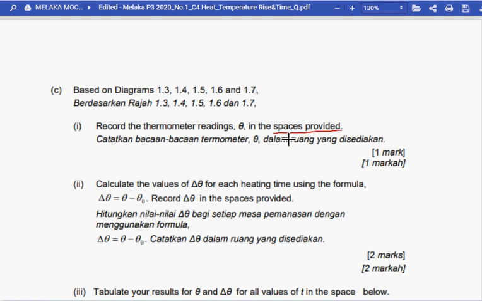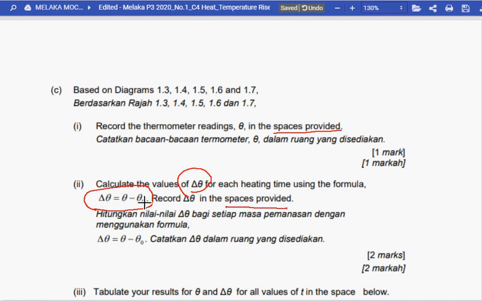And then you need to calculate delta theta for each heating time, using this important formula: the change in temperature, which means an increase in temperature, is theta minus theta naught, where theta naught is your initial temperature. Then record it in the space provided.